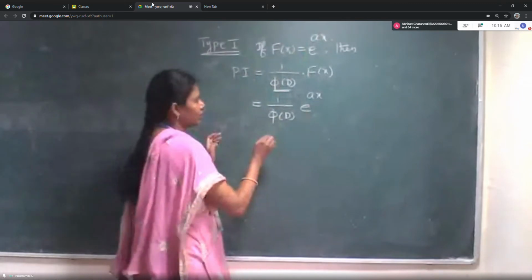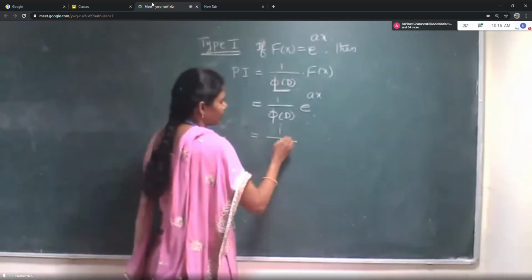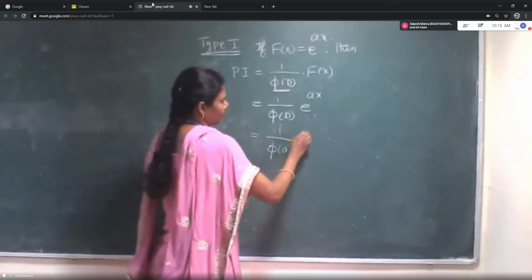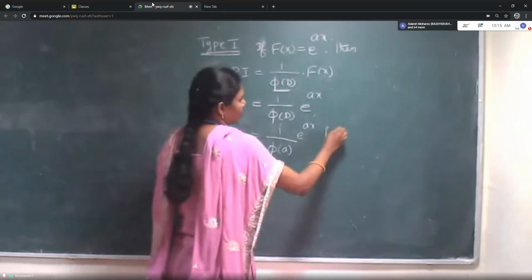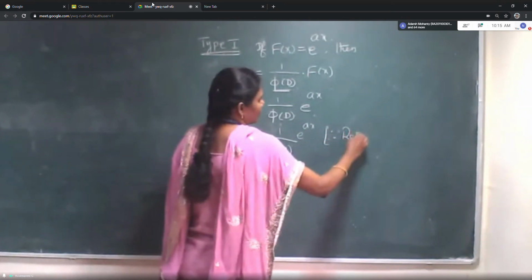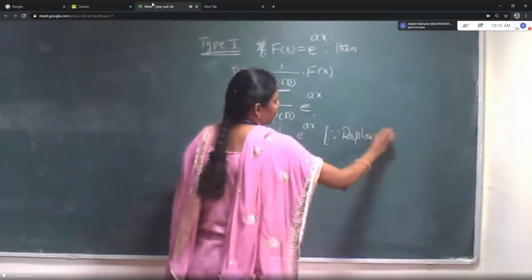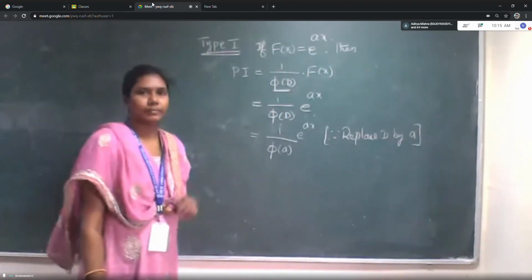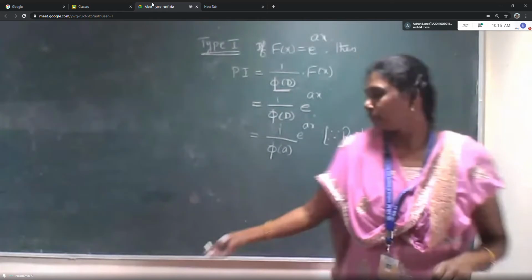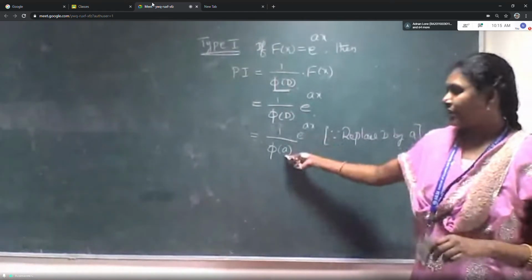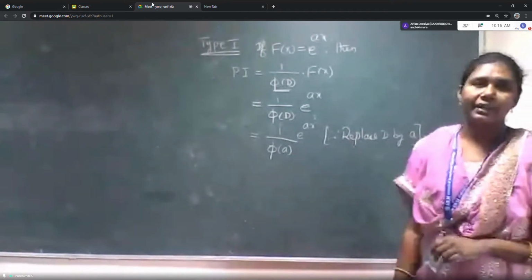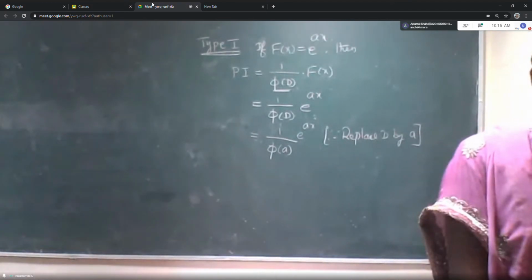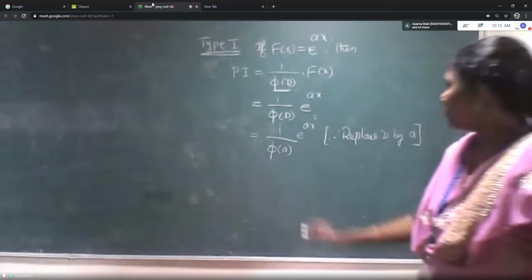In the next step, replace D by a. We get 1 by phi of a into e power ax, provided phi of a is not equal to 0.